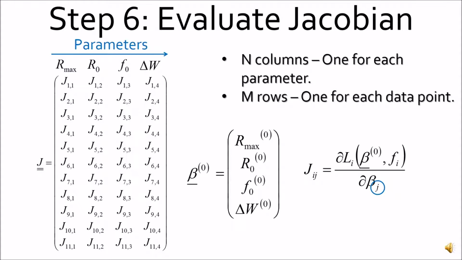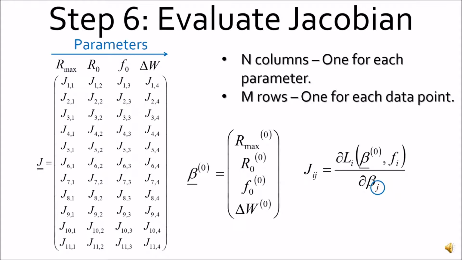As long as we keep the order of our parameters the same, that's all we need to do. The actual order in which you evaluate them is arbitrary, of course, because they're just parameters. You just choose which one you stick where, but you need to be consistent. So if Rmax is at the top of our column vector for our initial parameters, it needs to be in the left-hand column of our Jacobian matrix. Okay, so that's what you do.